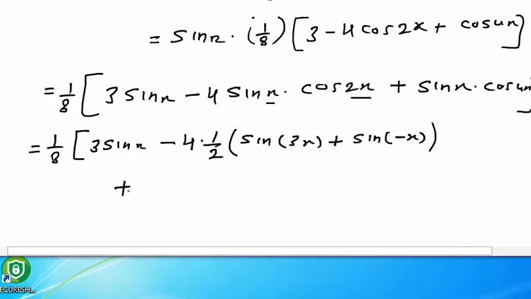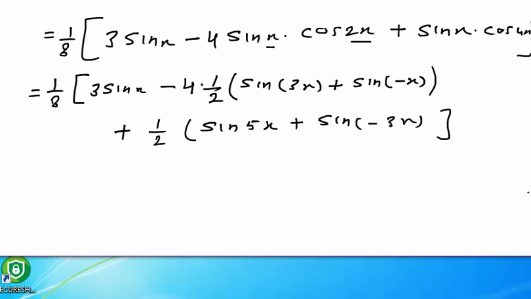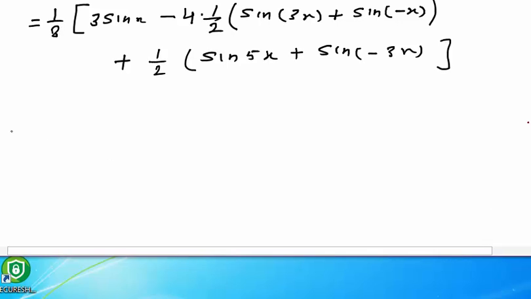Similarly, plus I will use the same formula here: 1 upon 2 into sin, if I add, sin 5x plus sin of minus 3x. Now sin minus theta, we know, is minus sin theta.